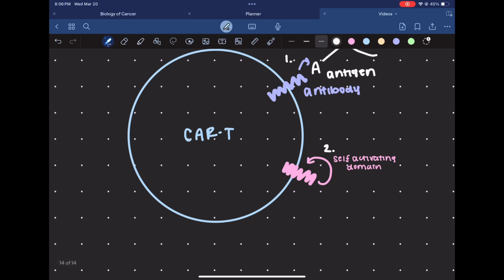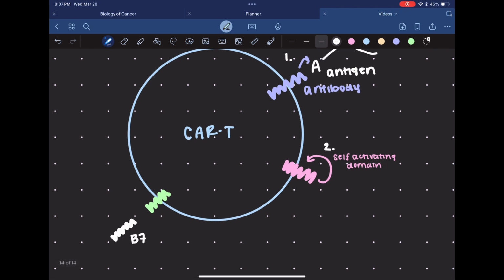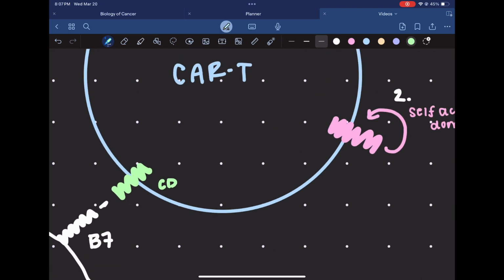And our third modification is going to be adding in more of these co-stimulatory domains. So normally we have these antigen presenting cells with these B7 molecules that stick up off the surface and interact with our co-stimulatory molecules. In this case, this is going to be CD28. Let me write that a bit bigger.